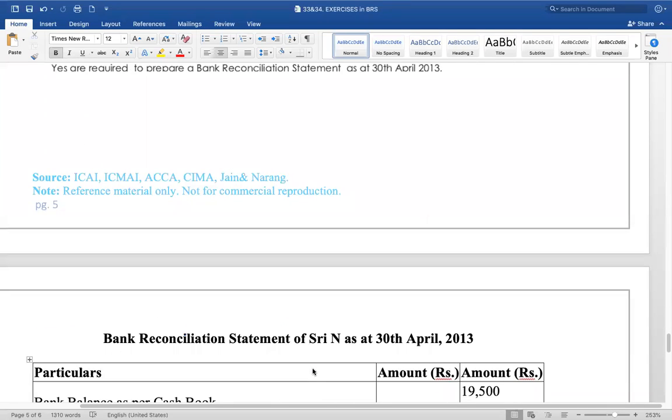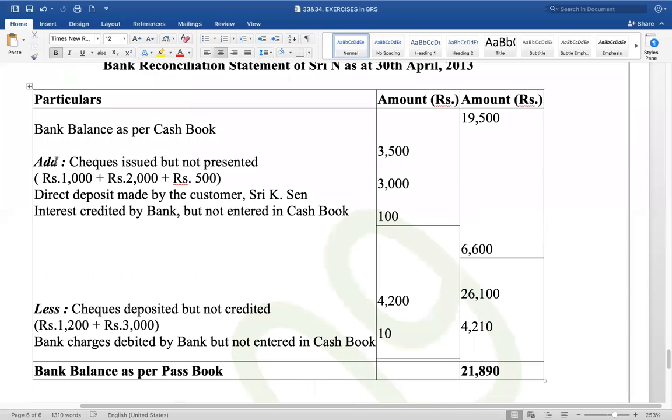Look at this. We make two headings now: add items, less items. What is add items? Checks issued but not presented. Add checks deposited but not cleared or credited.